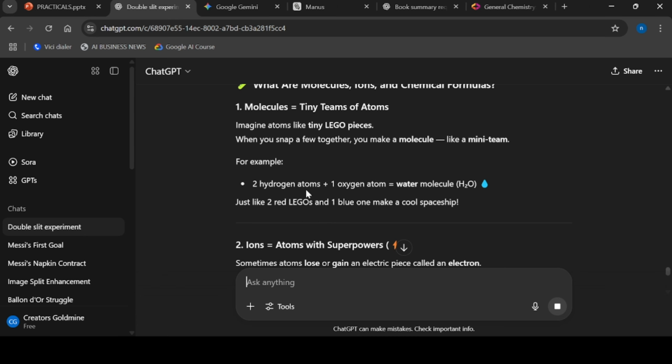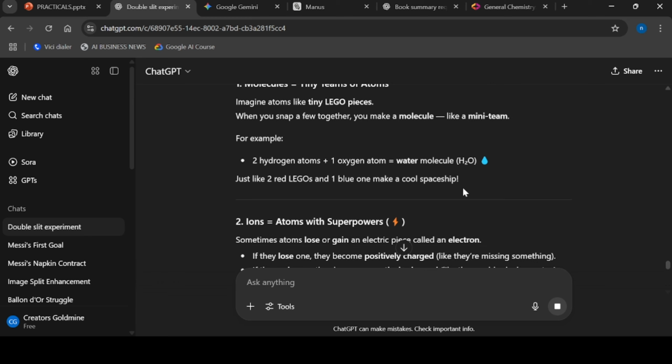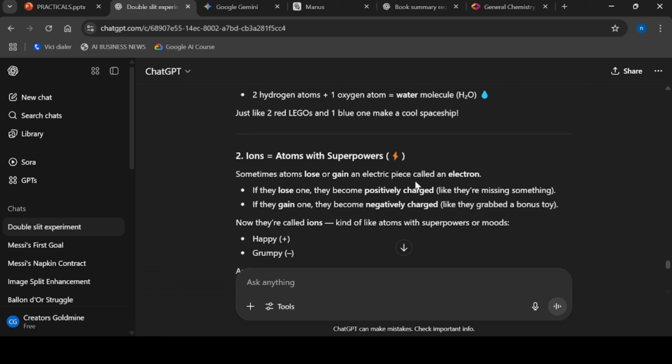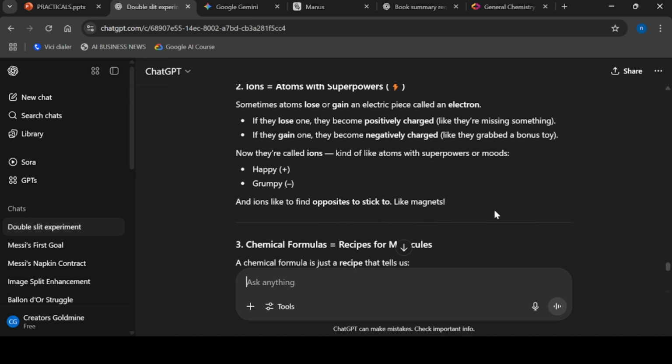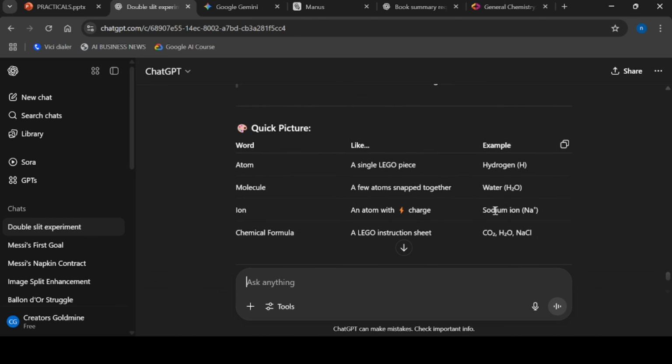For example, two hydrogen atoms plus one oxygen atom equals a water molecule, which is H2O. Just like two red Legos and one blue make a cool spaceship. Now, secondly, ions, atoms with superpowers. Sometimes atoms lose or gain an electric piece called an electron. If they lose one, they become positively charged. They are missing something. So are you seeing how you can do this?